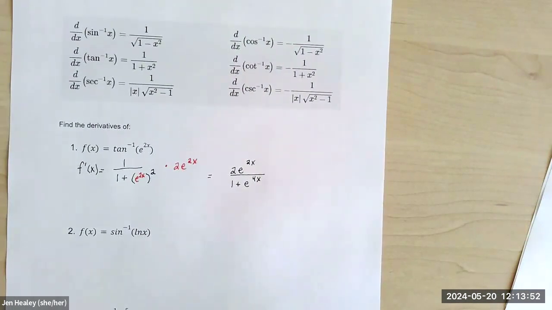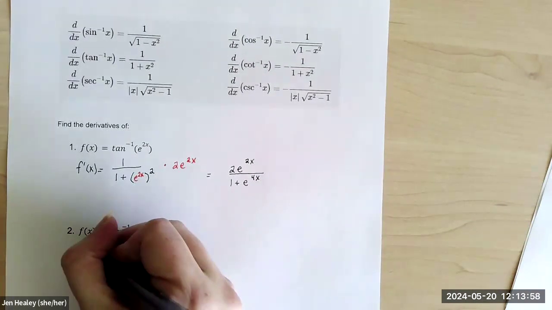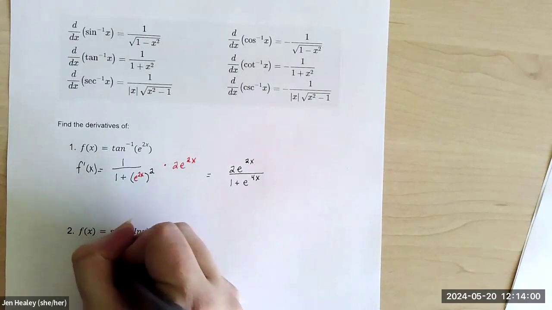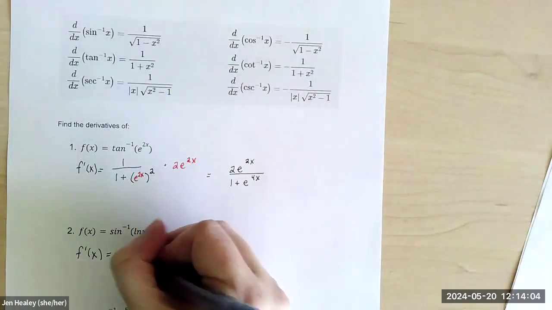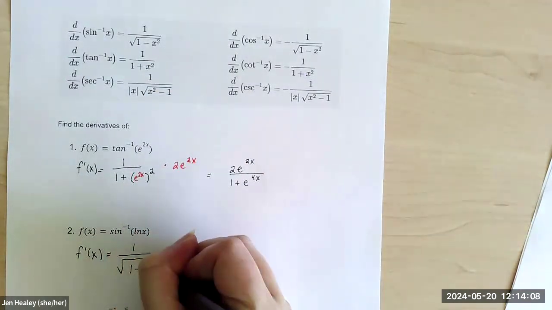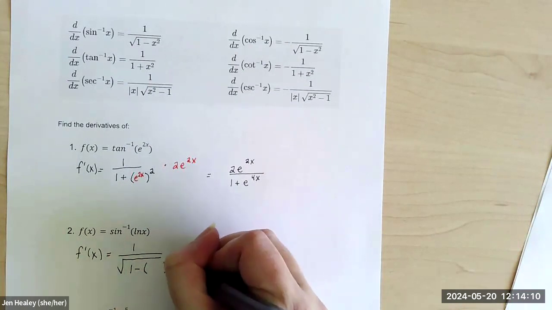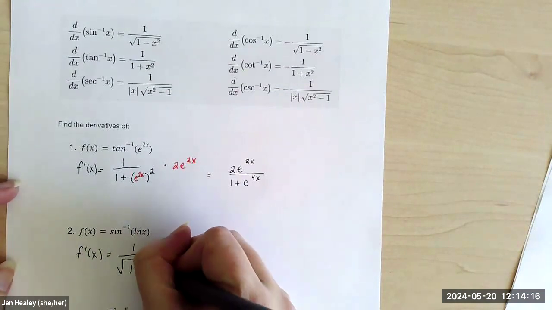If we want to do the derivative of inverse sine of natural log of x, then we look up at our sine one. It's 1 over the square root of 1 minus whatever that x is squared. And then we have to do the chain rule. So our x value is the natural log of x.